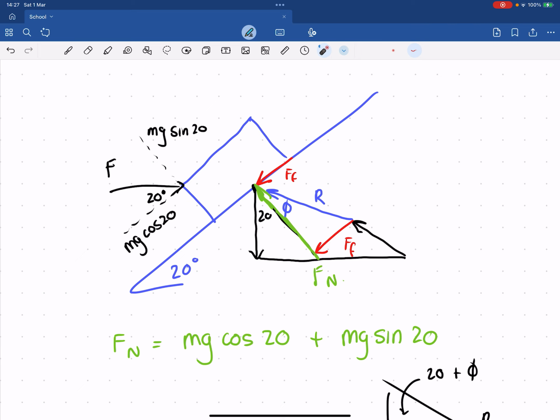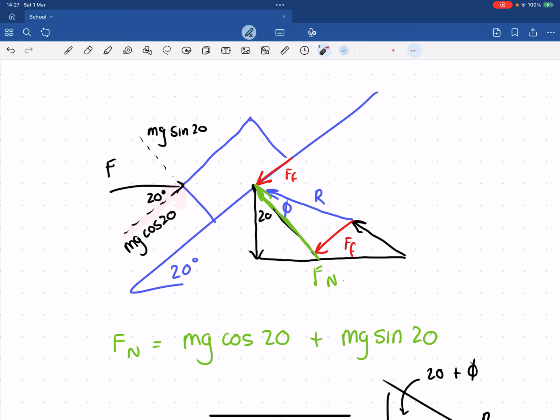So the force that the plane is acting upon the box is contributed by the component of the force acting down the hill, but also this force here, right? And obviously those are two opposite forces, so they'll add to give something. One will be negative. But what I'm trying to say is that this vector here has been contributed by the component of the weight force going down the hill, and it's been influenced by this component going up the hill.